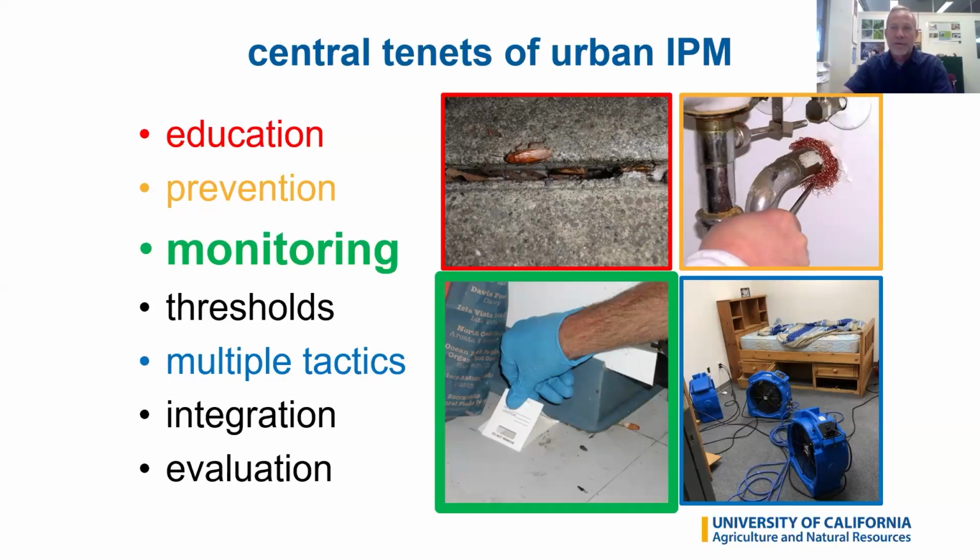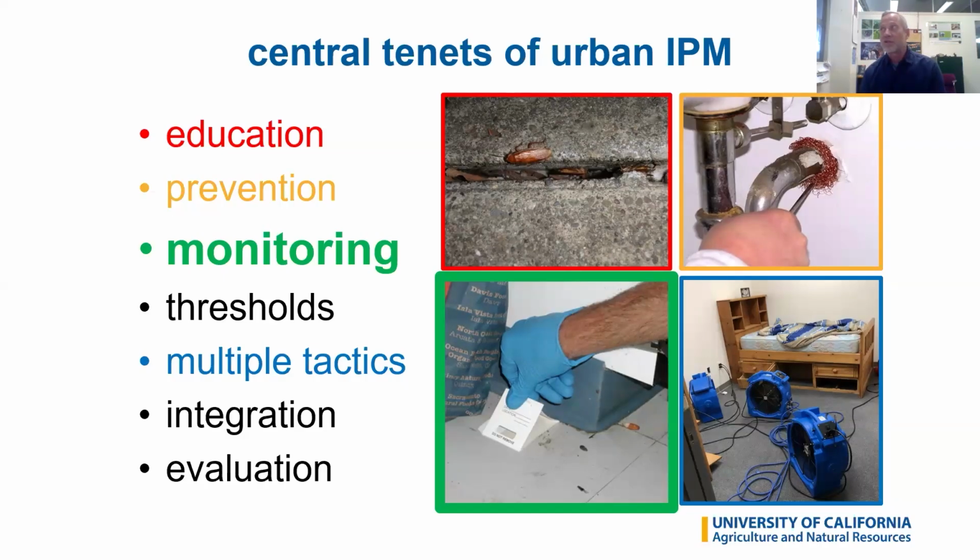Once we have tried to prevent our pest from creating a problem, we have to have a monitoring program. And this is going to be the focus of today's presentation. Monitoring is a way that we get information about our pest system. And this information may include incidence. Is the pest even present? It may include population dynamics.